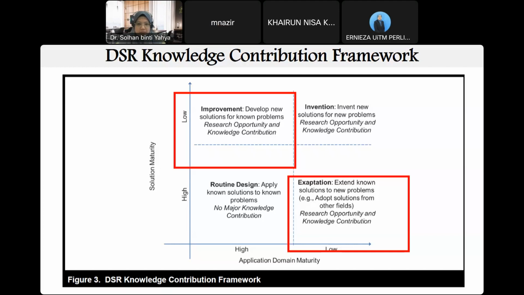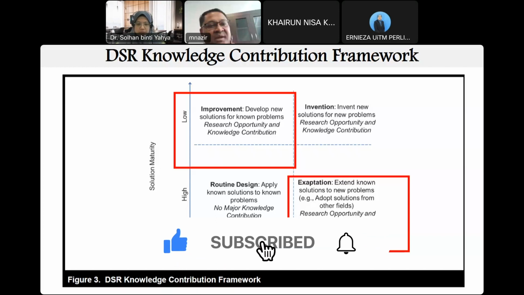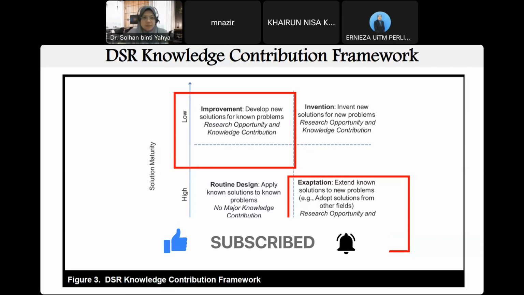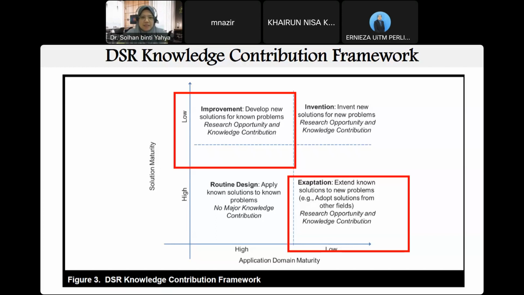Tadi soal saya invention. Audience line Dr. Nazir tak okey nampaknya. Putus dah.